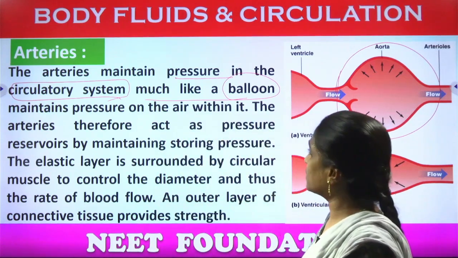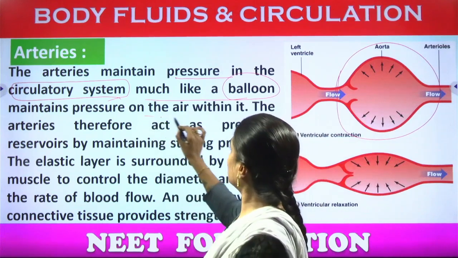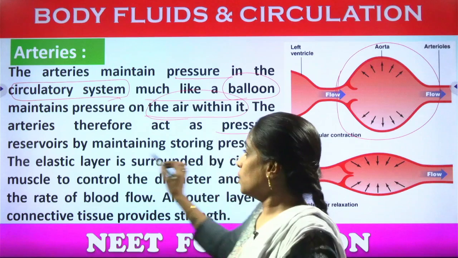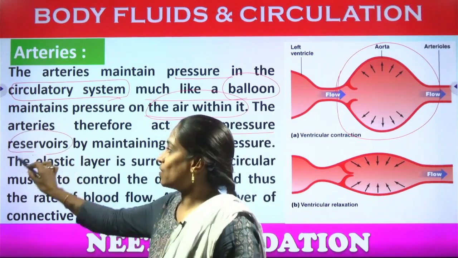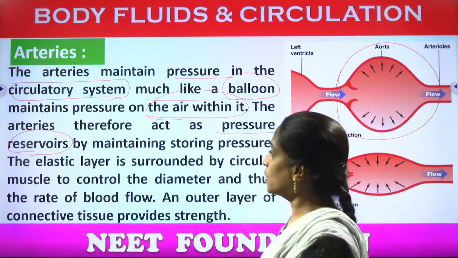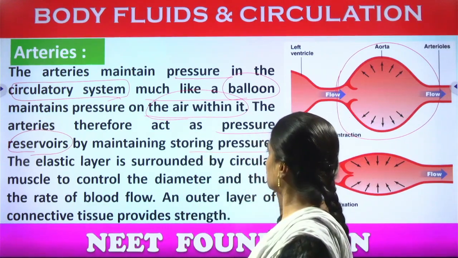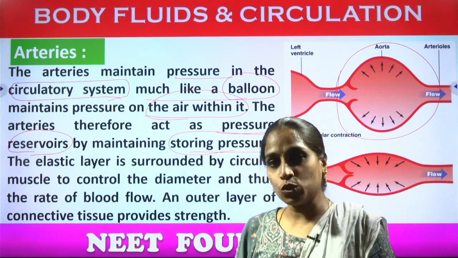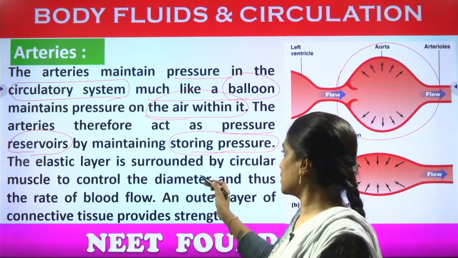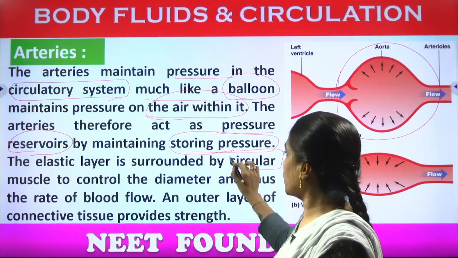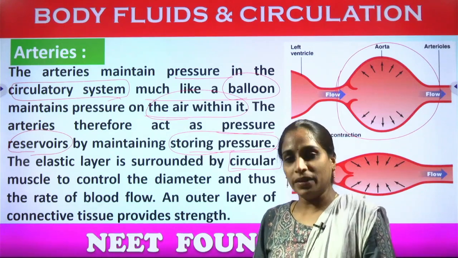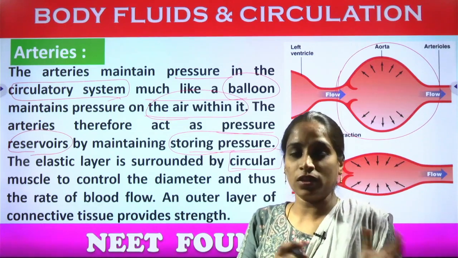Okay, and next, this maintains the pressure within it, and the arteries therefore act as pressure reservoirs. So just now I have told you, they act as pressure reservoirs by storing pressure within them, right? The elastic layer is surrounded by the circular muscles, the involuntary muscles present in the blood vessels, whether they are the arteries or the veins.